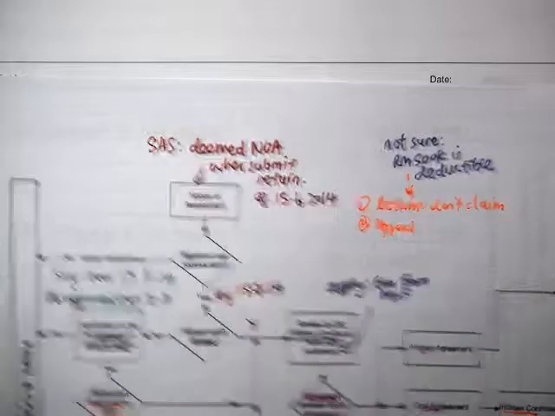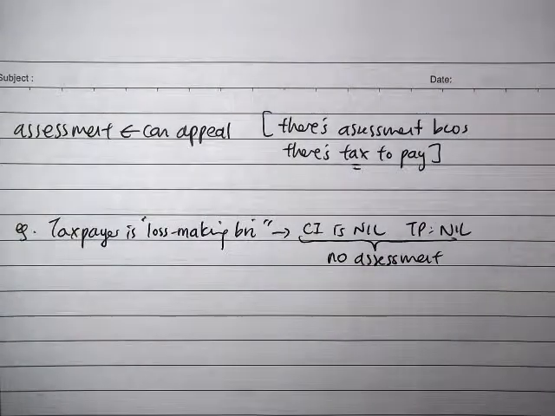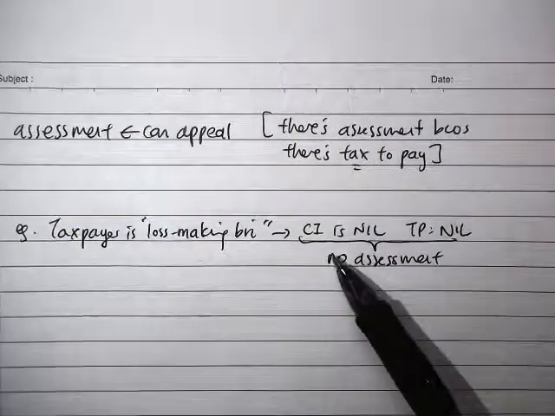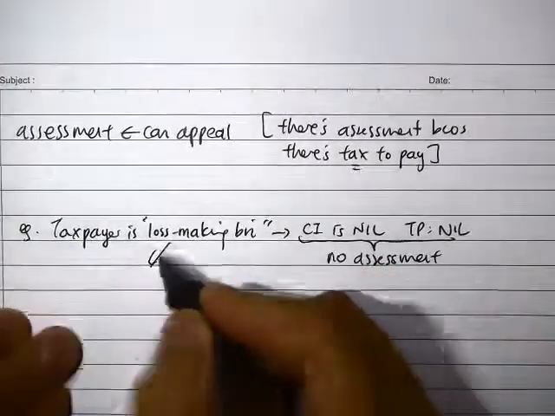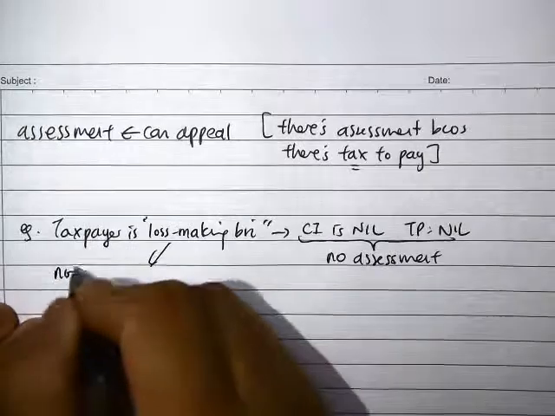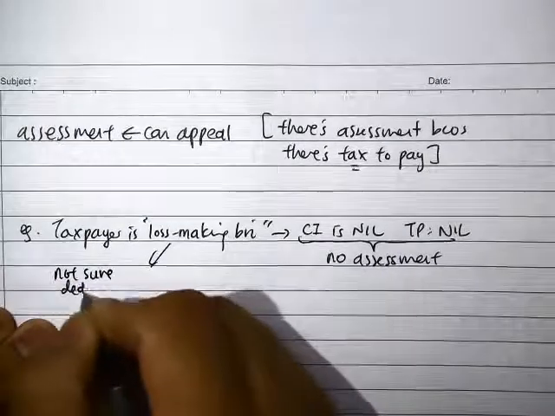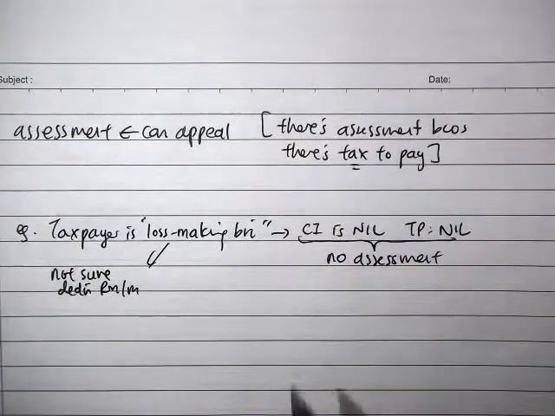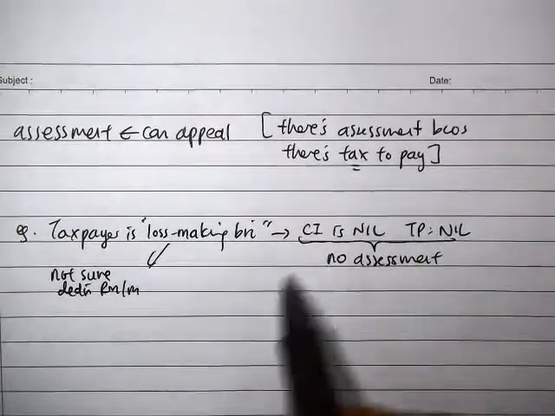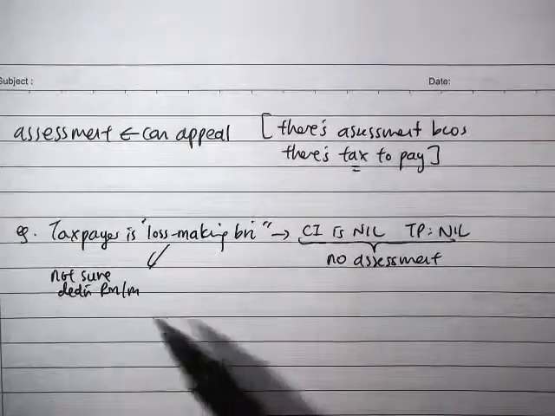Now this can be very unfair, right? It doesn't mean that if I have no income, I don't want to appeal. Let's say, for example, I have no income, but I'm still not sure about a deduction of 1 million. Does it mean that just because I have no income, I let go of the appeal? No, right?